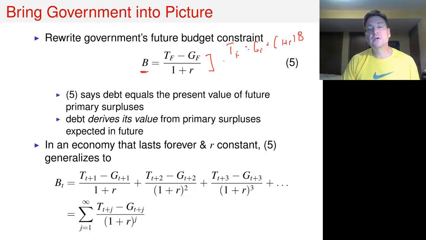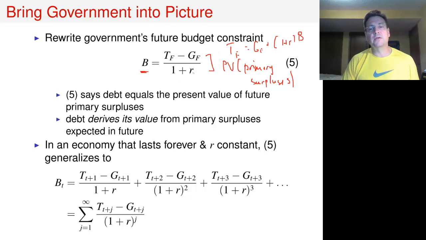What is this? This is the present value of the primary surplus. This is an extremely important point. We will be coming back to this throughout the rest of the semester. But the message of equation 5 is that debt will derive its value from the present value of primary surpluses.